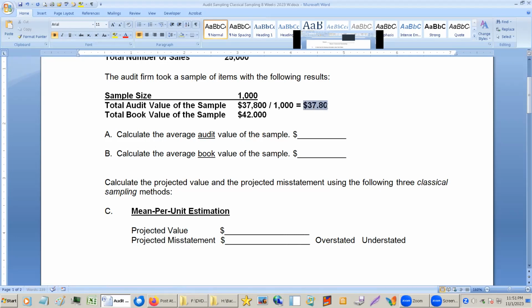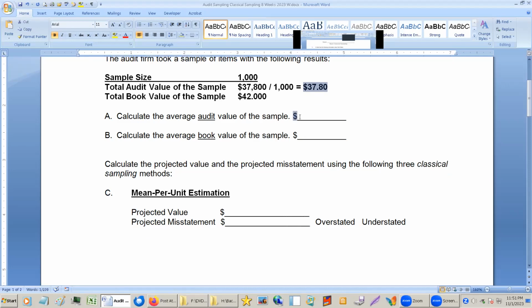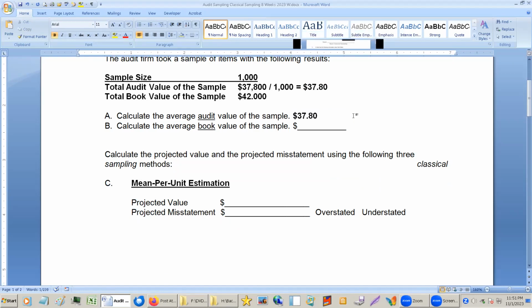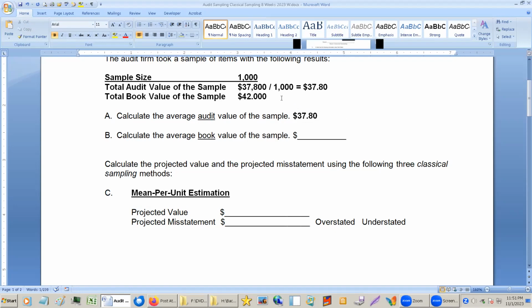So this is the average of our audit sample. And we're going to do the same thing over here. We're going to get an average for the client's amounts, and that just comes out to $42.